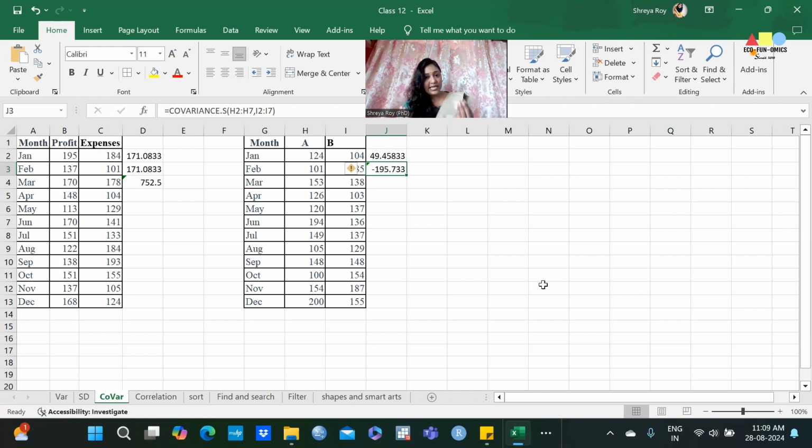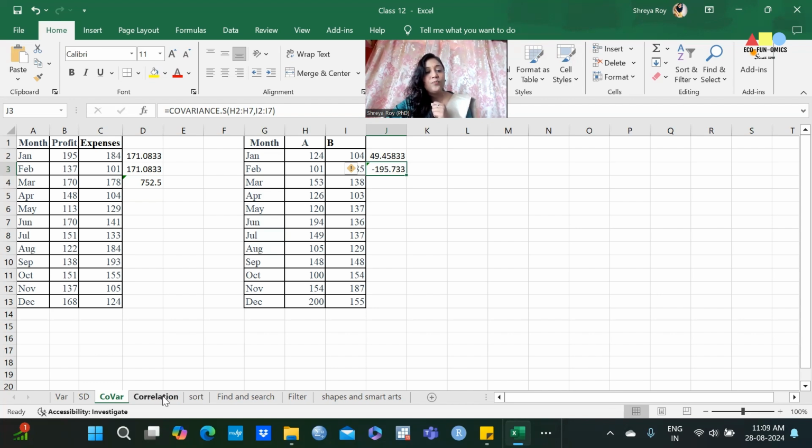If covariance is negative, X increases, Y decreases. There's an opposite relationship, or X decreases, Y increases. But when there is a positive value, it is in the same direction: one increases, the other also increases; one decreases, the other also decreases. Please understand, and if you have any doubt, get in touch. So covariance tells us the relationship, whether it is positively related or negatively related.